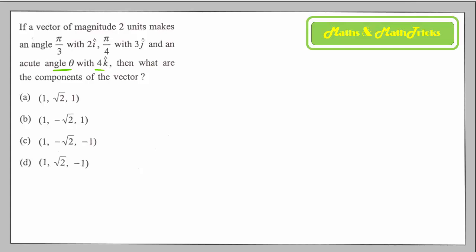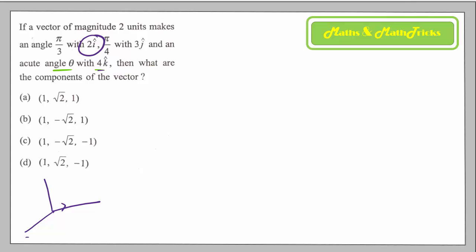So theta is unknown and the c component is also unknown. Then what logic plays here? See, the vectors that they have given: 2i cap is a vector along the x-axis, 3j cap is the vector along the y-axis, and 4k cap is the vector along the z-axis.